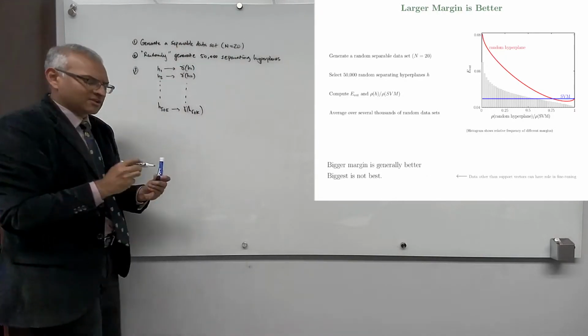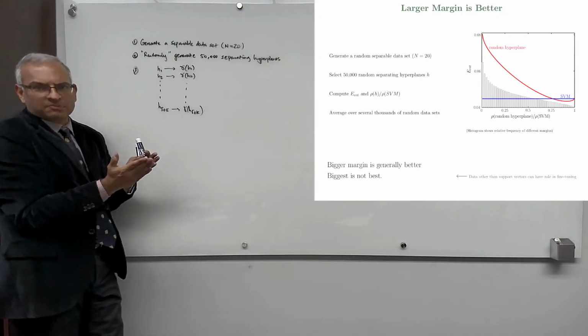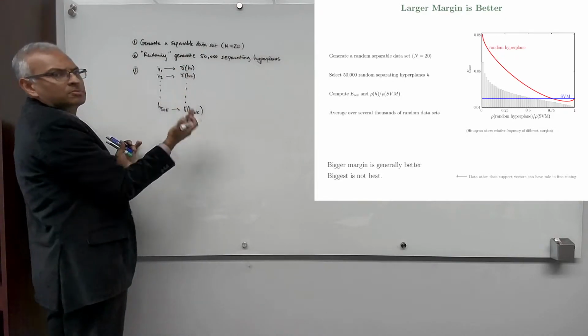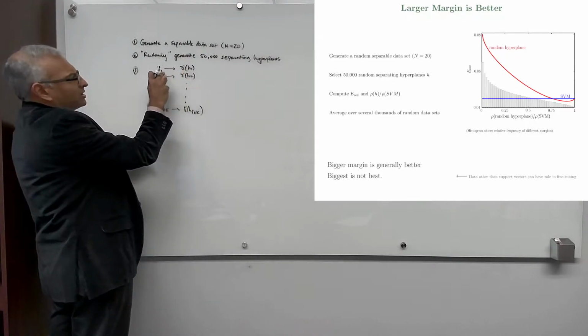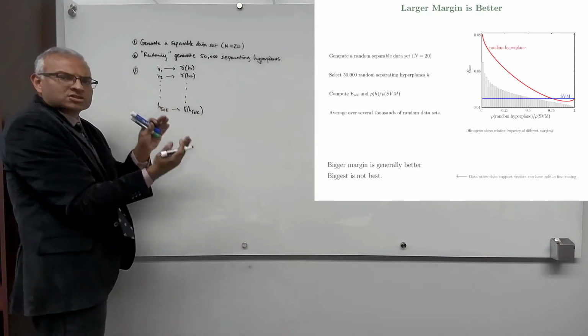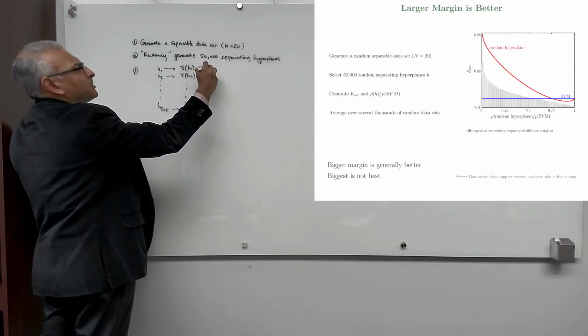And now, once I've generated this data, I can compute the fattest possible separating hyperplane. We call that the margin of the data. I can compute the ratio between the fatness of the random hyperplane and the fattest possible, the optimal. So let's call this gamma of H1 divided by gamma opt.